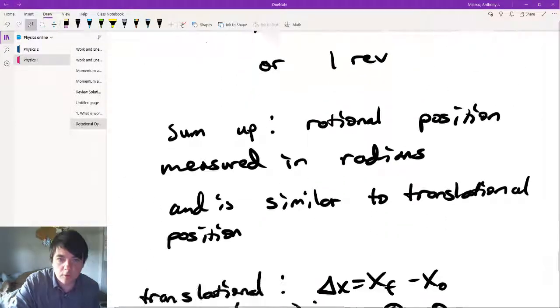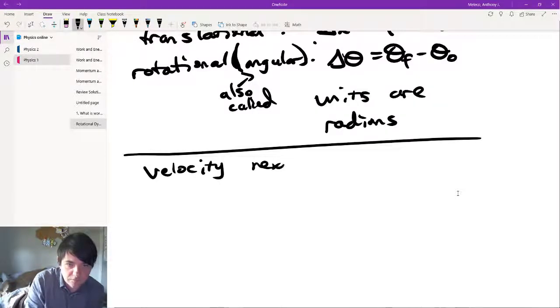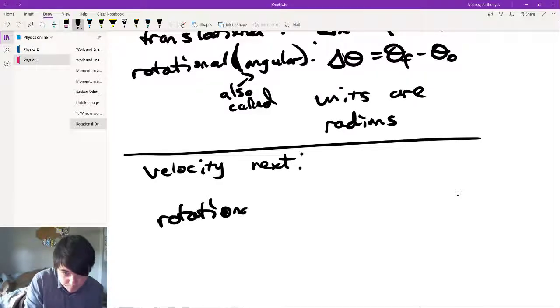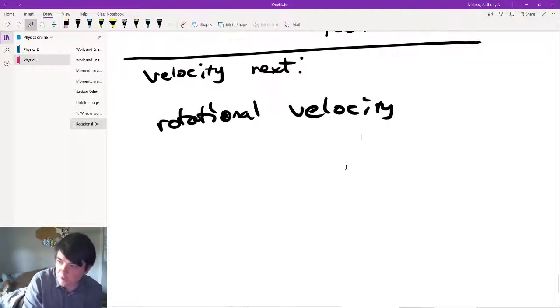Okay, so we've covered position. Let's do velocity next. I've been calling everything rotational, so let's do that. Rotational velocity, again, also called angular velocity.